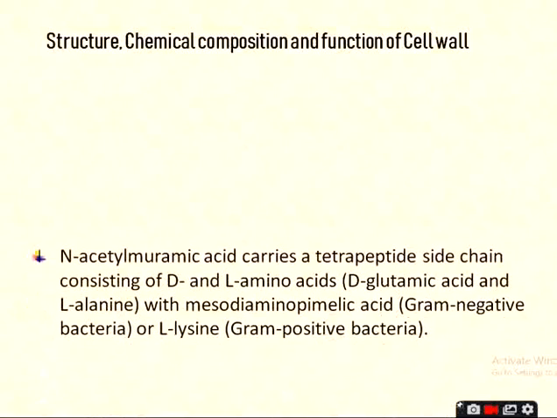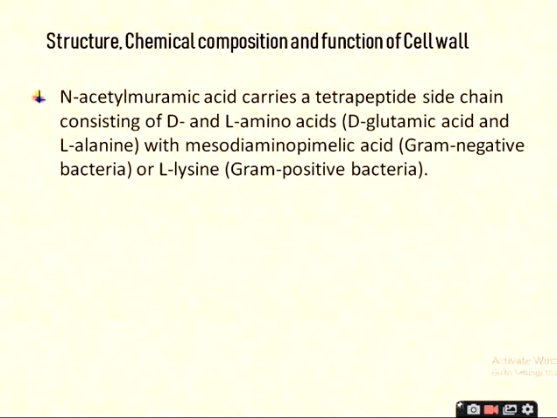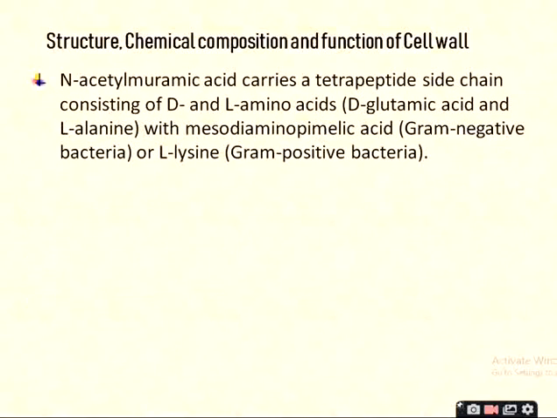Here N-acetyl muramic acid carries a tetrapeptide side chain. Tetra means 4, peptide means there is a bond between the two amino acids.